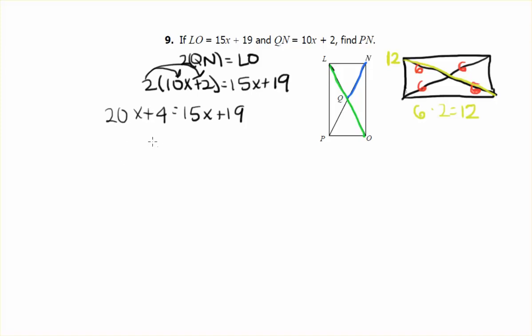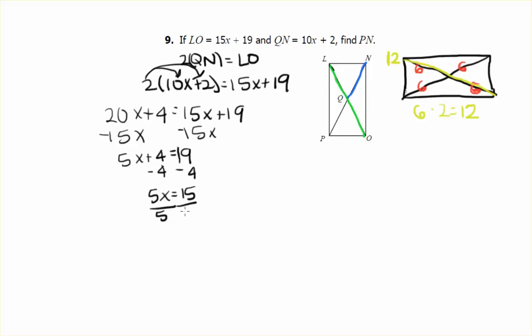So I'm just going to go ahead and solve it through. So remember, first you want to combine your like terms. So you should get that x equals 3.